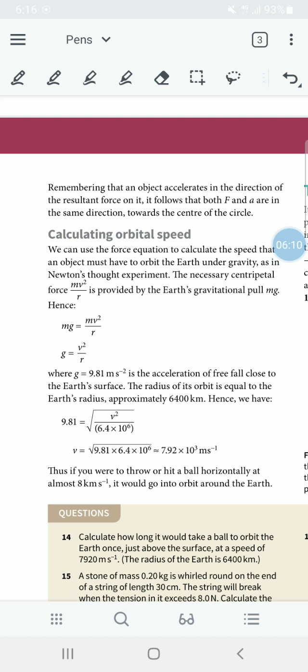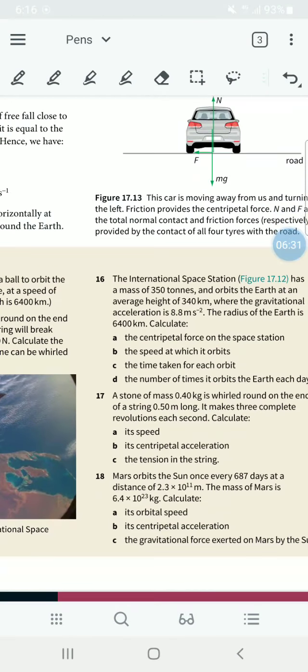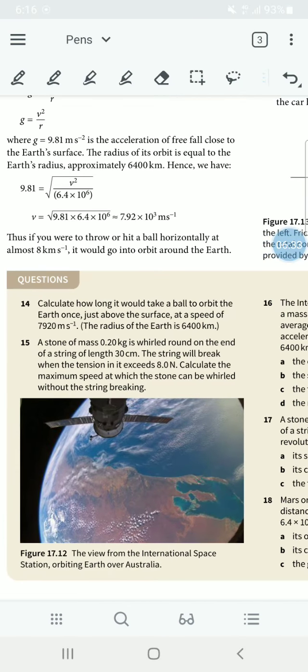Thus, if you were to throw or hit a ball horizontally at almost 8 kilometers per second, it would go into orbit around the earth. So that is basically the idea. I hope you understood that. Using this, we have to do questions. Before we go into the next video, please do questions number 14, 15, 16, 17 and 18, and then we will discuss the questions.